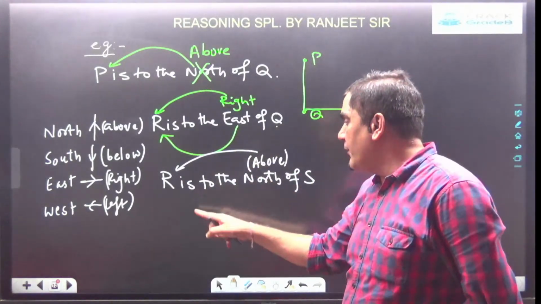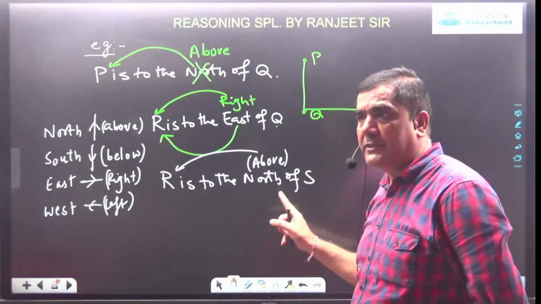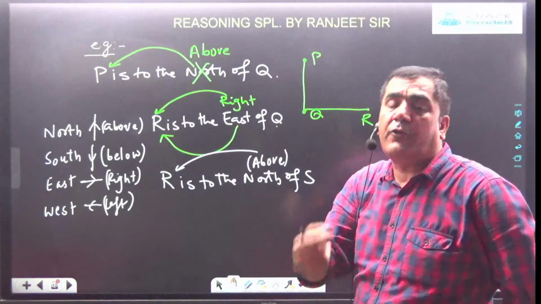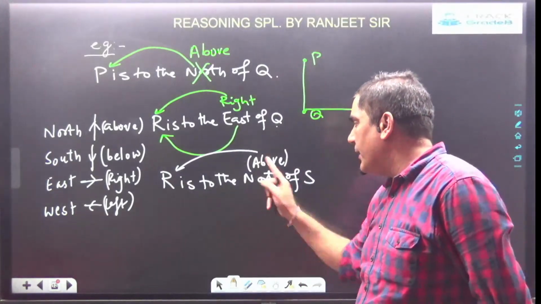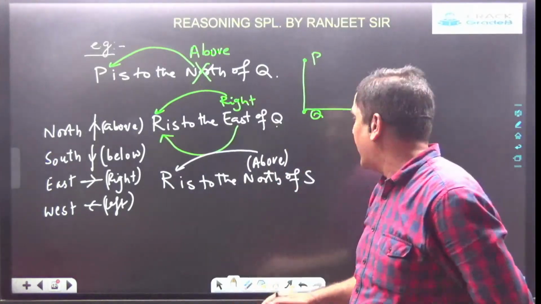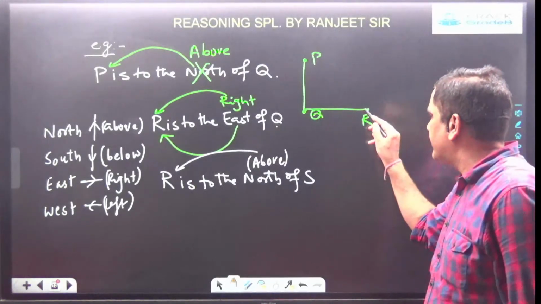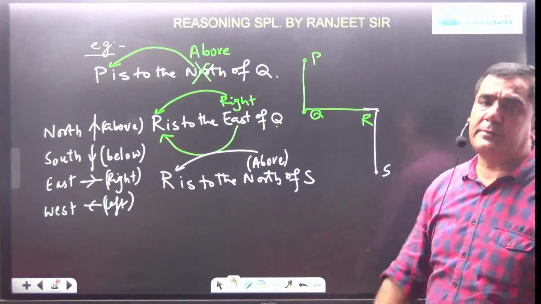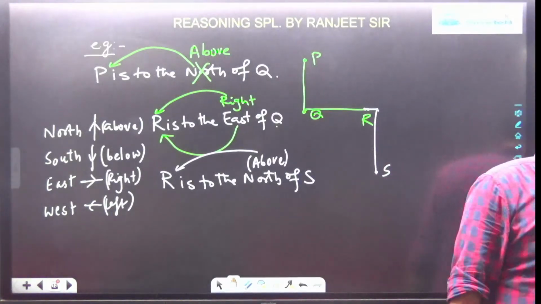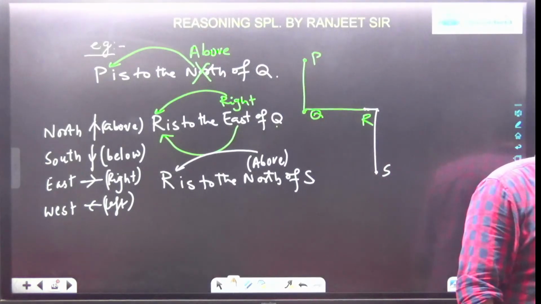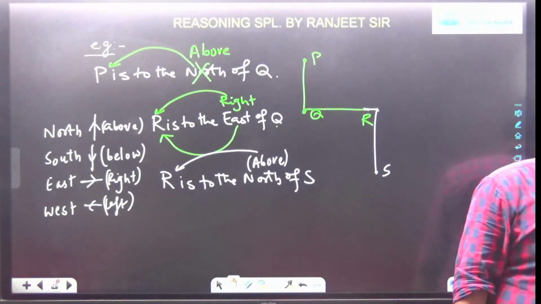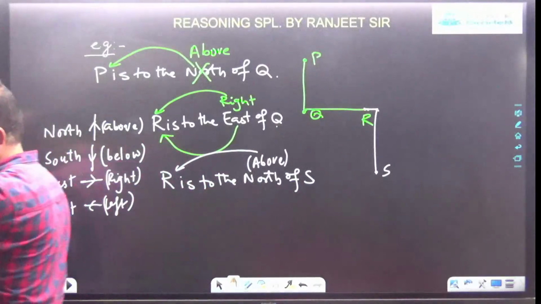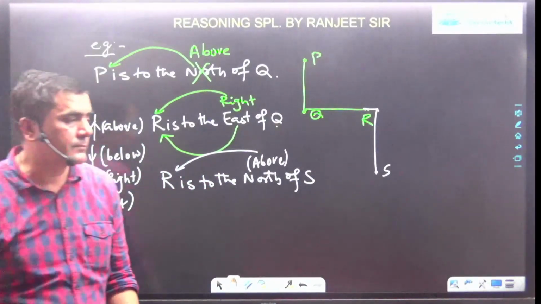S. R will be above S. If R is above, then S must be below R. So just see, if this is R, S must be below R. Clear? Any problem?